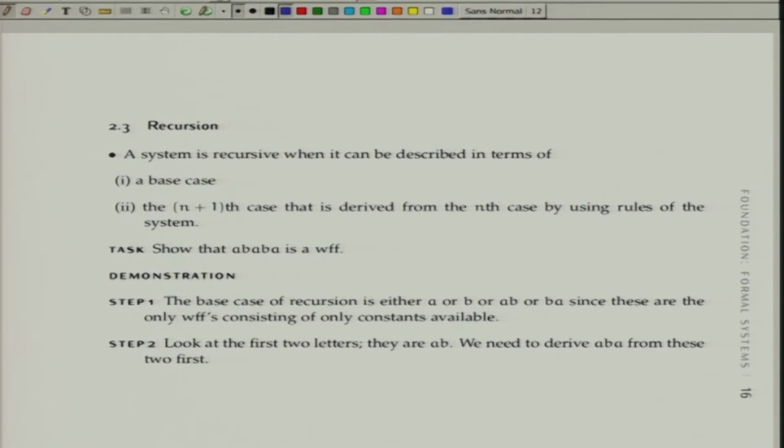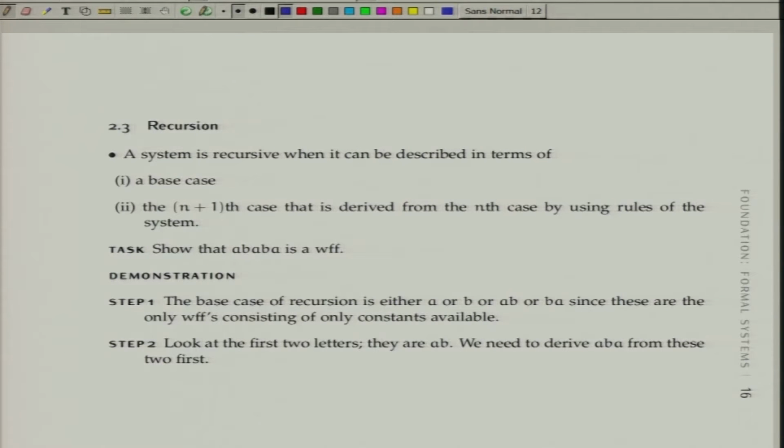A system is recursive when it can be described in terms of a base case, and the n plus 1th case is derived from the nth case by using the rules of the system. Now we shall see how recursion works.